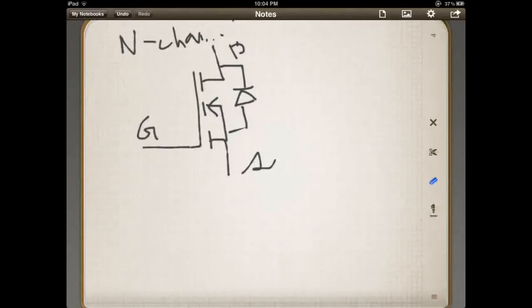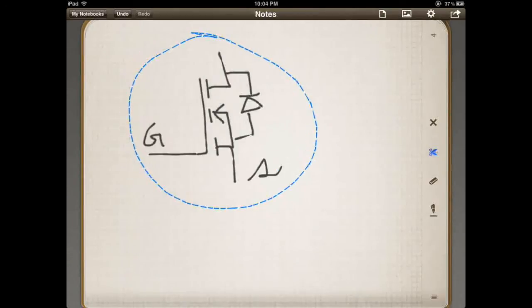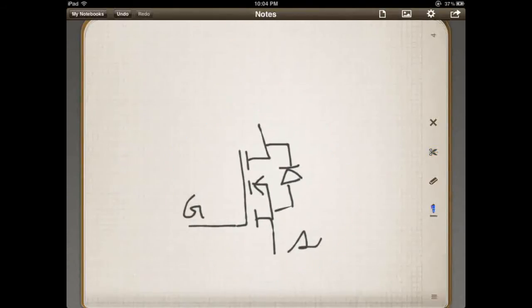Let's scoot this guy over where I can mess with them. So there's a drain. Gate, drain, and source is what we look at here.